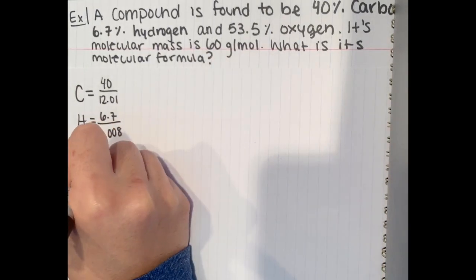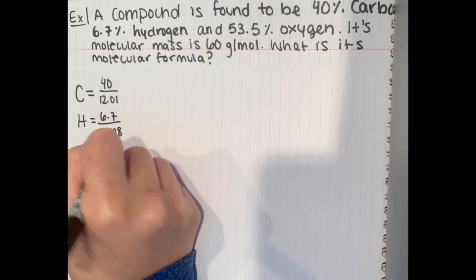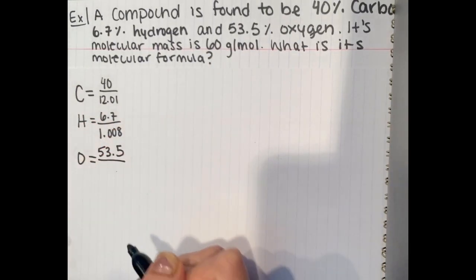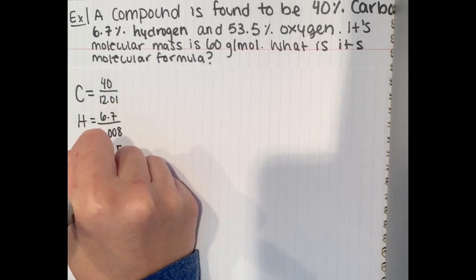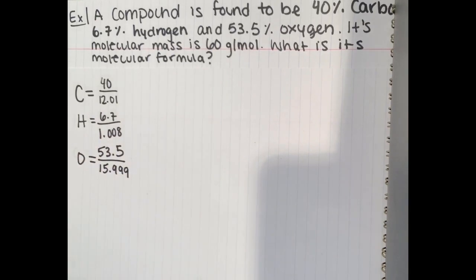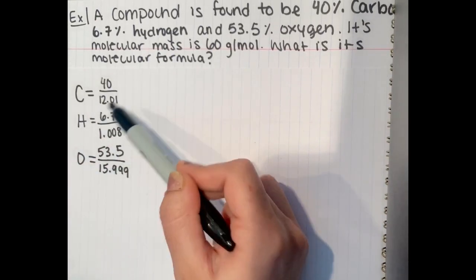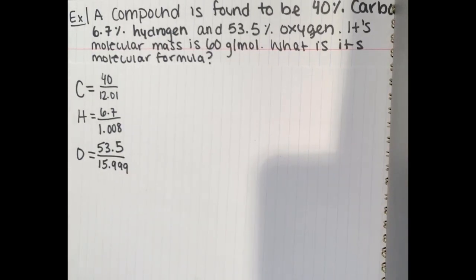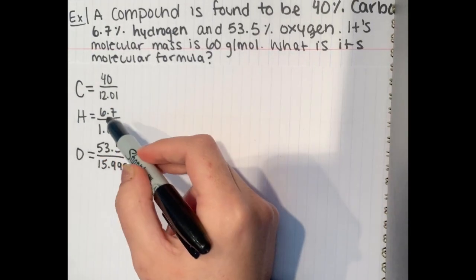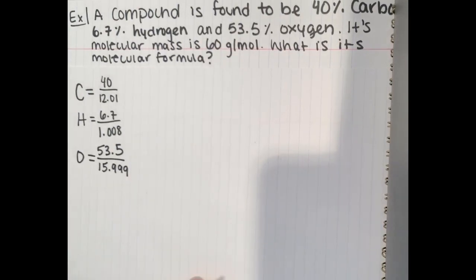The percent composition is 53.5. Then I'm going to divide it by its molar mass, which is 15.999. Okay, so use your periodic table to find out what the molar mass is, and whatever your periodic table says, use that mass exactly.